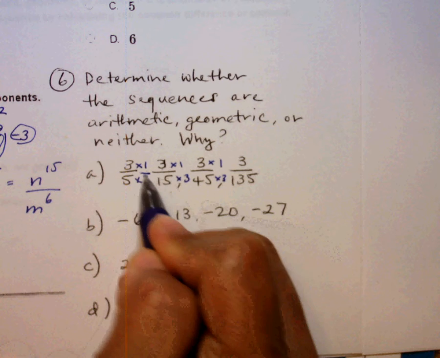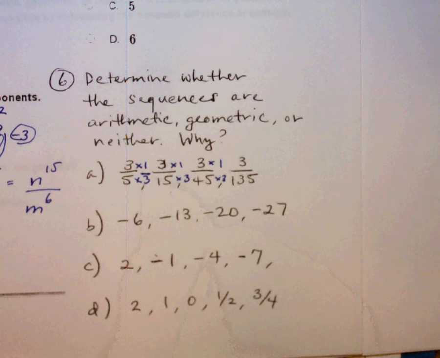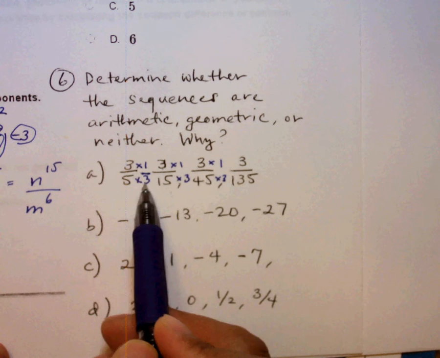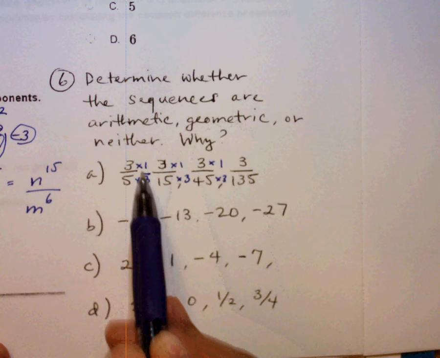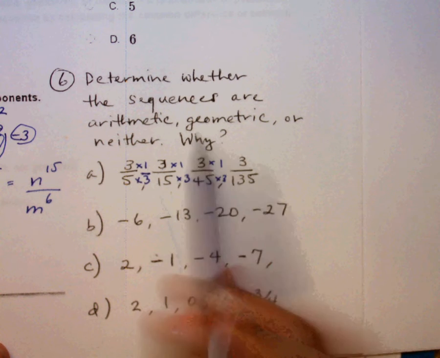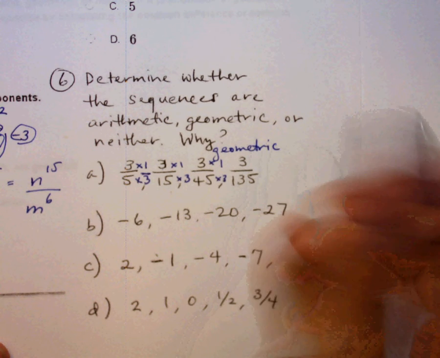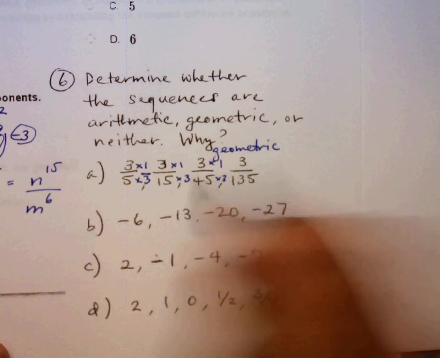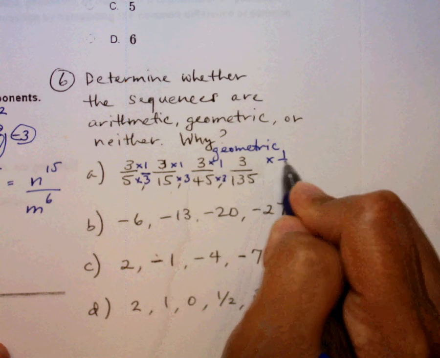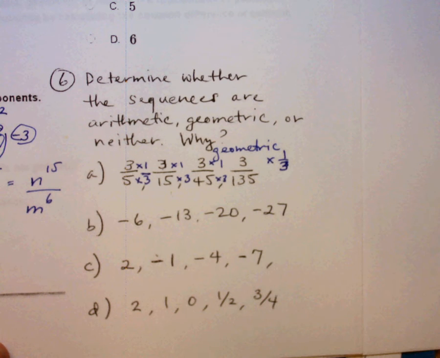So I'm multiplying 3/5 by 1/3 to get 3/15. The rule is, any time you're multiplying, you have a geometric sequence. Why geometric? Because I'm multiplying each term by 1/3.